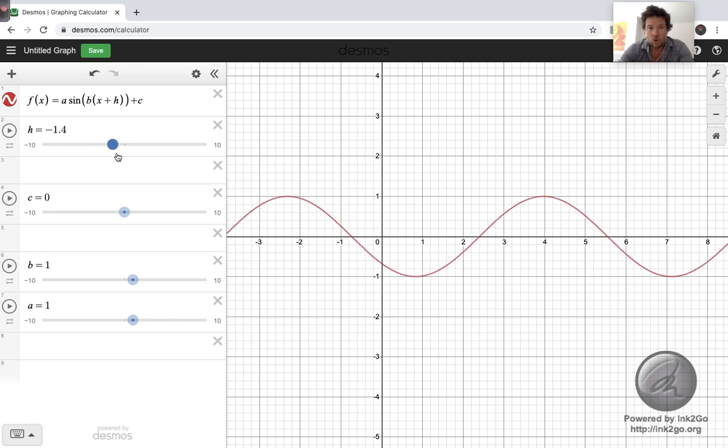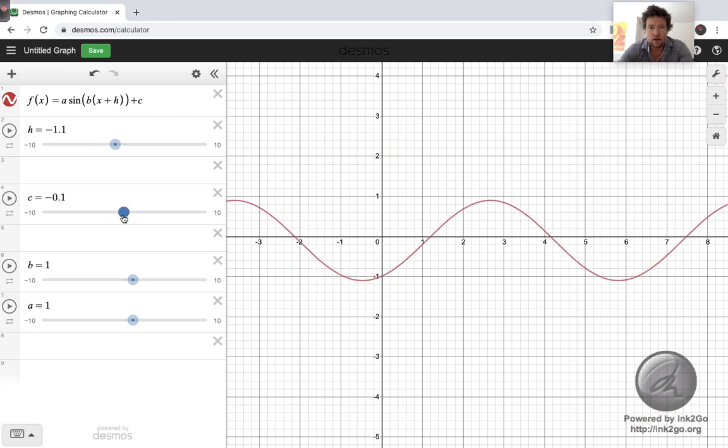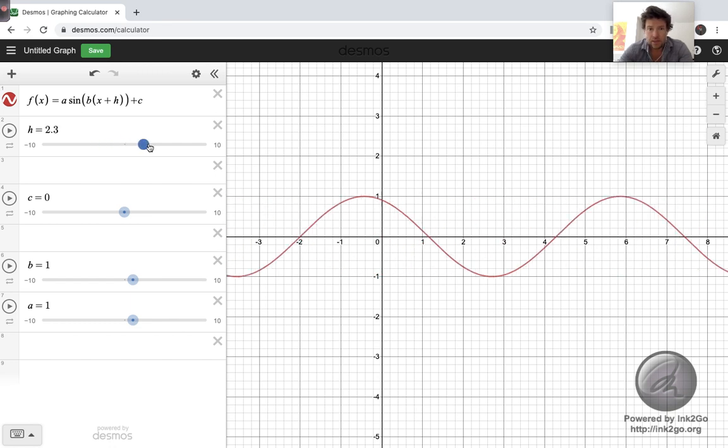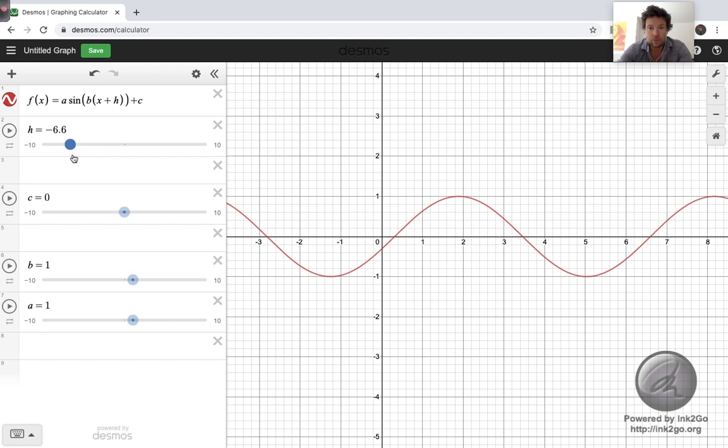You get that horizontal shift when we add inside the function, and that vertical shift when we are adding after the function. And again, we get that same effect where when we're adding, it appears to move to the left, and when we're subtracting from the input, it appears to move to the right. So that kind of reverse notion that we discussed in detail when we were looking at functions.